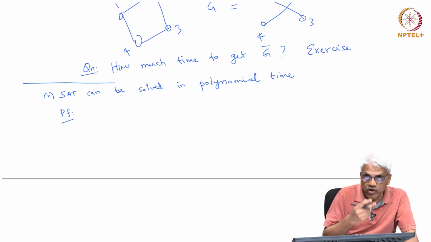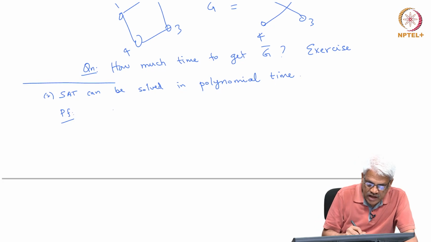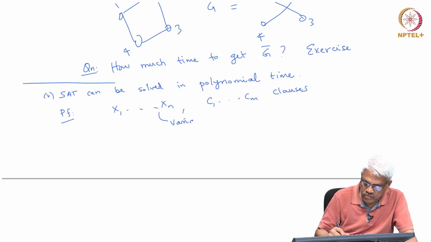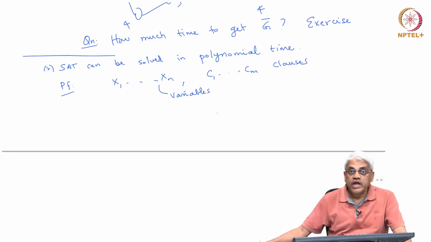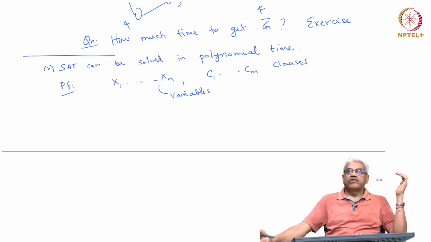This is a slightly non-trivial, what we call a reduction. So, what is the input to the SAT? I am given variables x1 to xn and clauses c1 to cm. What I am going to do is to use a CLIQUE algorithm, which requires a graph.